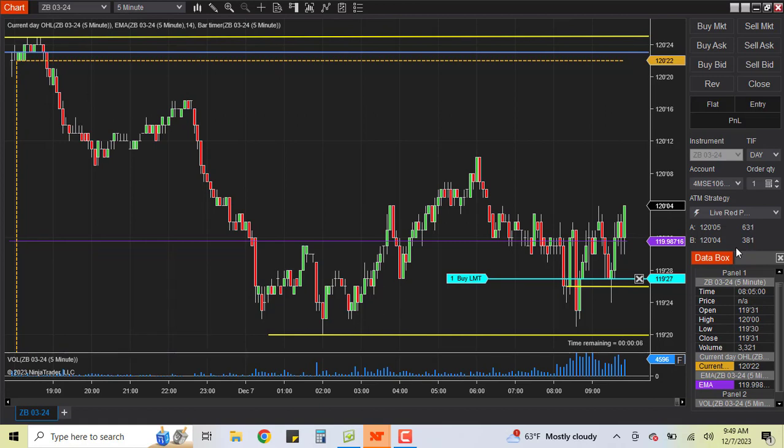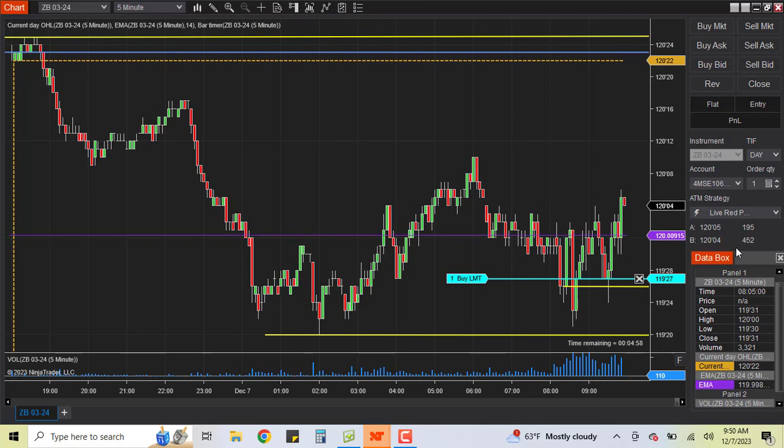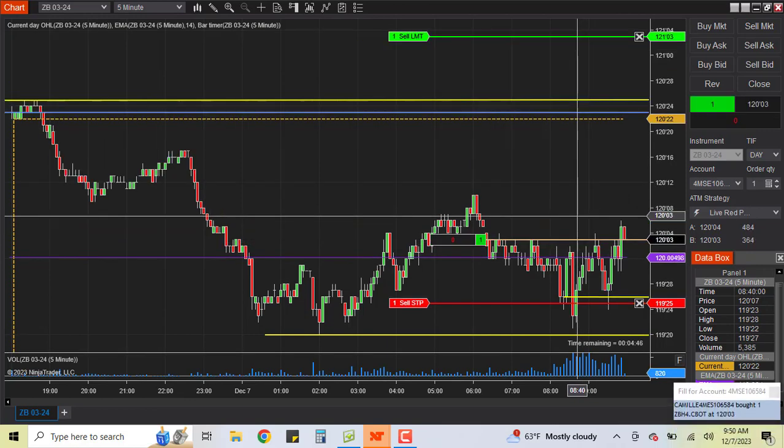Okay, here's where the lesson begins. This is where all my patience and all my discipline just went out the window. So price closed slightly above this resistance area of 120.03, and for some reason I moved my entry way up there and I immediately got filled for the buy.